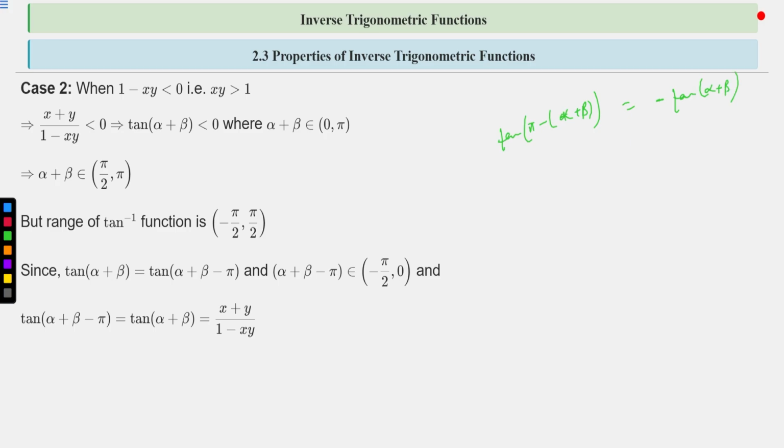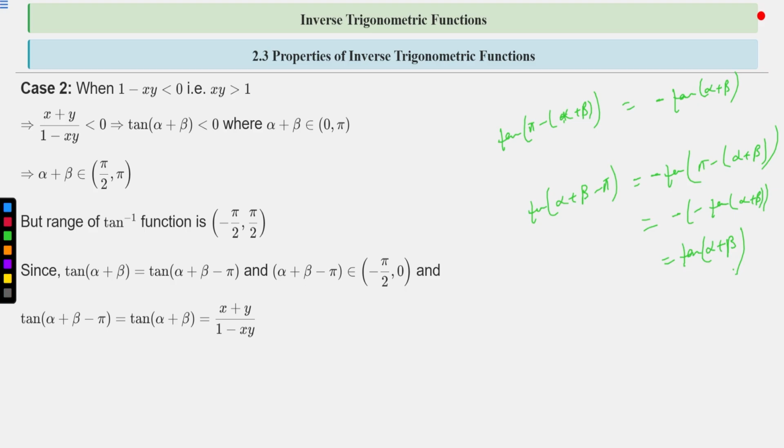Tan of (alpha plus beta minus pi) is basically minus of tan of (pi minus (alpha plus beta)), and that is minus of minus tan of (alpha plus beta). We will get tan of (alpha plus beta), isn't it?